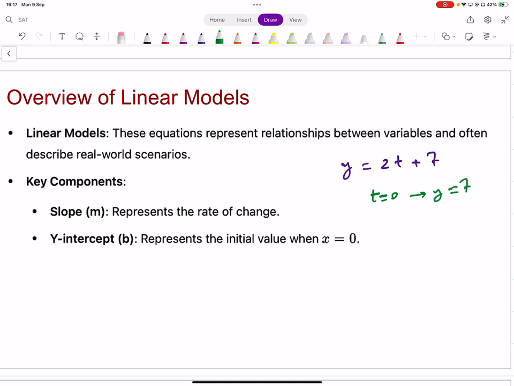So that's the initial value for y. So the vertical intercept, the y-intercept, is going to represent some initial value, and the gradient is going to represent the rate at which this variable on the left side is changing with respect to the variable on the right side.